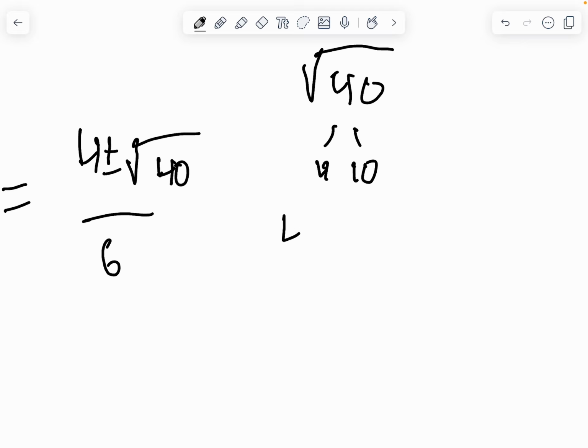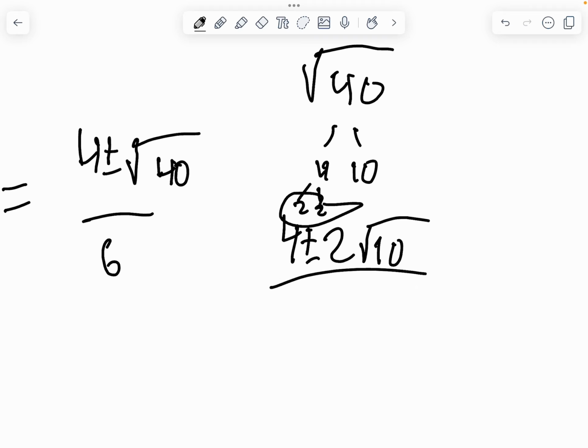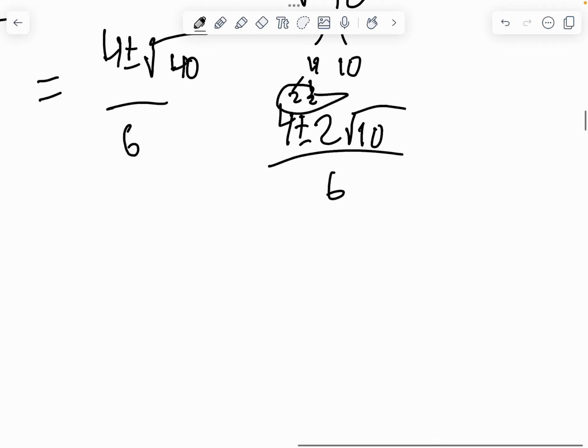So it's going to be 4 plus minus square root, or 2 root 10, because 2 times 2, pull that out, 6. Now I can divide everything by 2. So your answer is going to be x equals, no, not 4, 2 plus minus square root of 10 over 3.